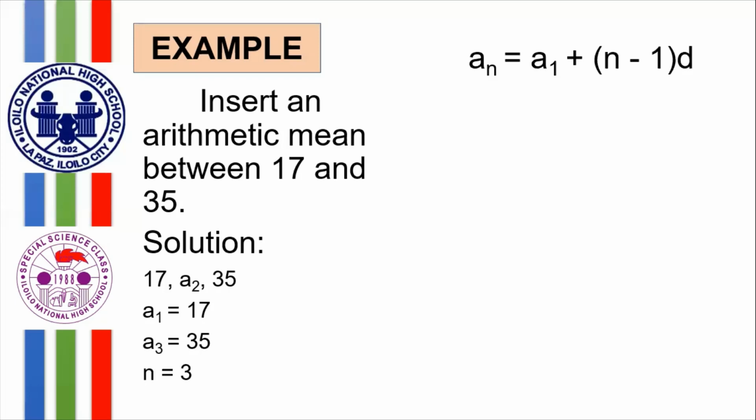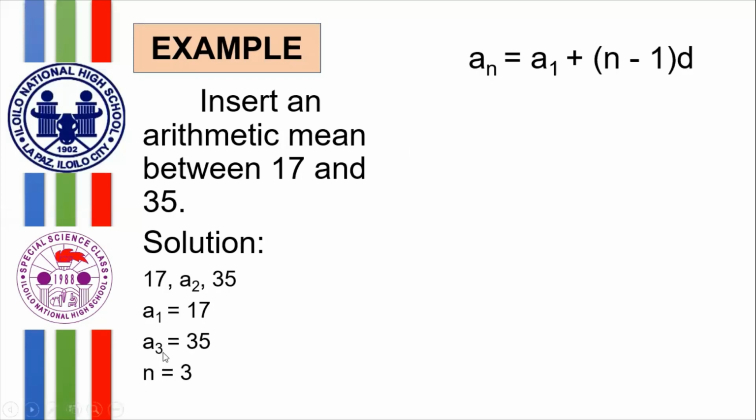There, I discuss in detail how this formula was derived. Take note, this formula is applicable only if the sequence is arithmetic. If the sequence is not arithmetic, then don't use this formula.